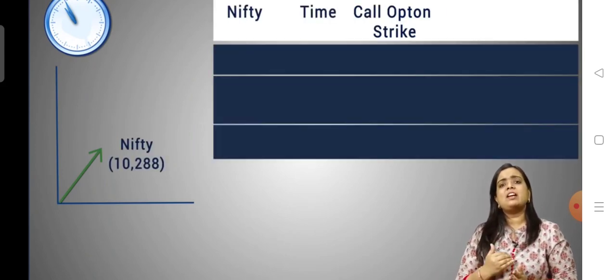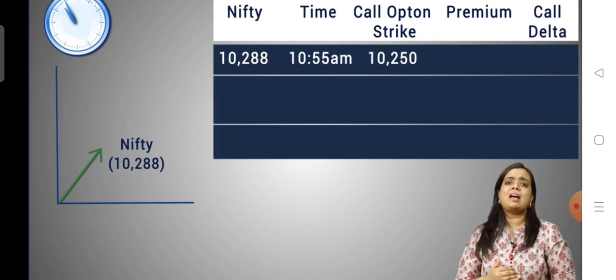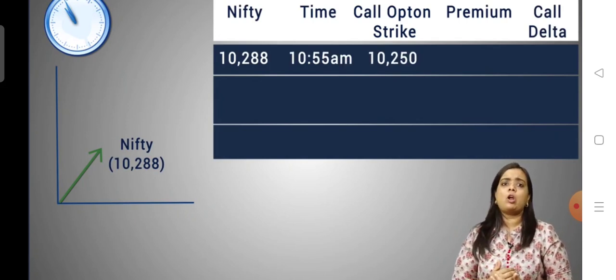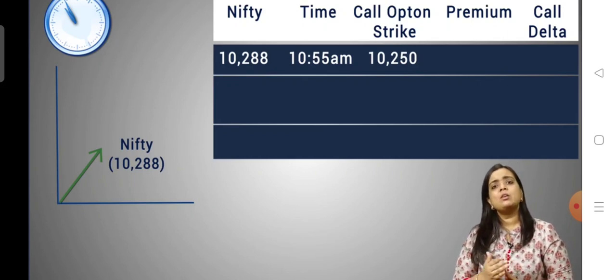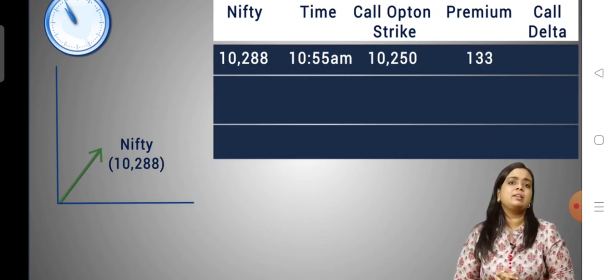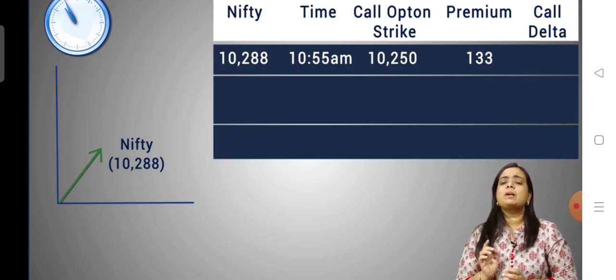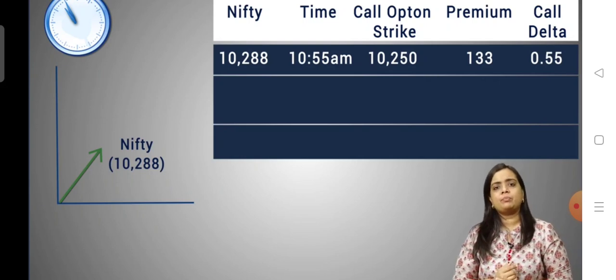Consider Nifty at morning 10:55 AM is trading at 10,288 and we are considering an option strike price of 10,250 call option. The premium at which it is trading is say rupees 133 and the delta of this particular option strike price is 0.55.